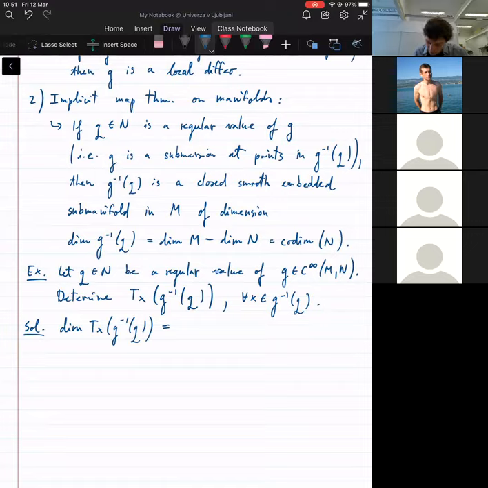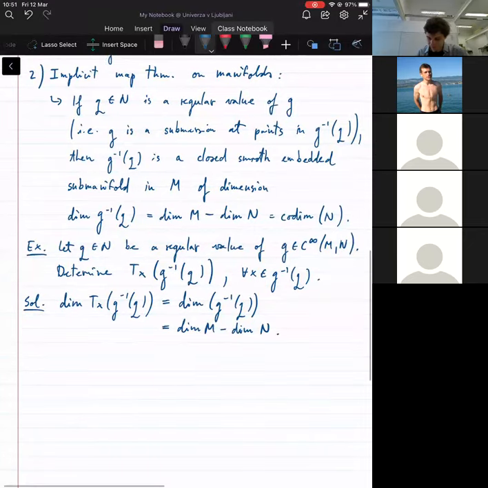It's precisely the dimension of the manifold g pre-image at point q. But as we've stated above, this is nothing else but dim M minus dim N.